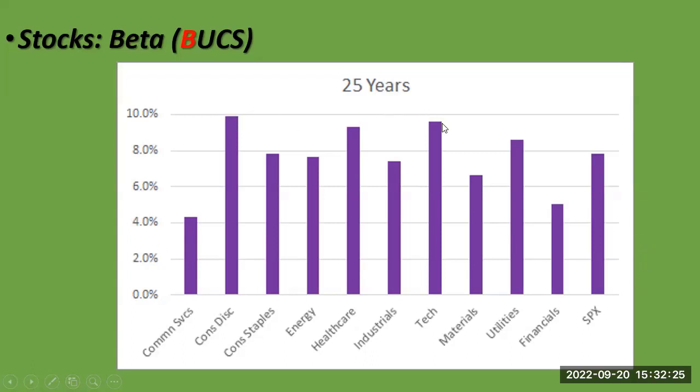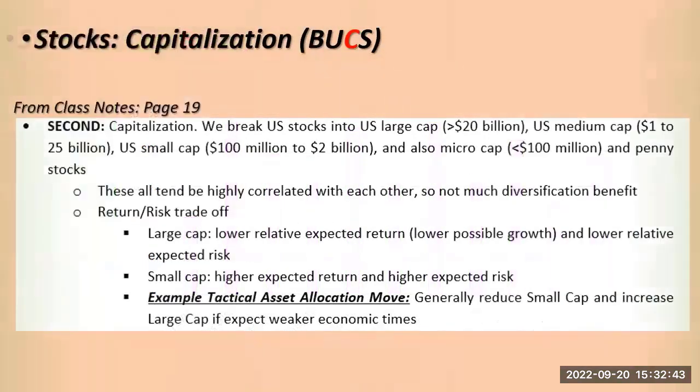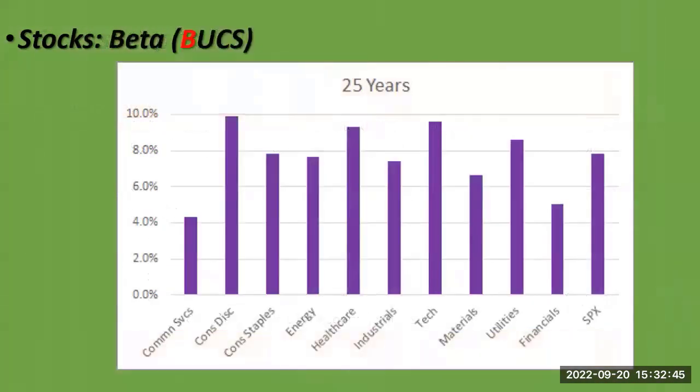Consumer staples and tech are the strong ones. But who cares about this? What's it going to be the next 25 years? It's going to look like this the next 25 years, do you think? Who knows? Be interesting to see. All right, so there's the B for bucks. Beta, really important concept.